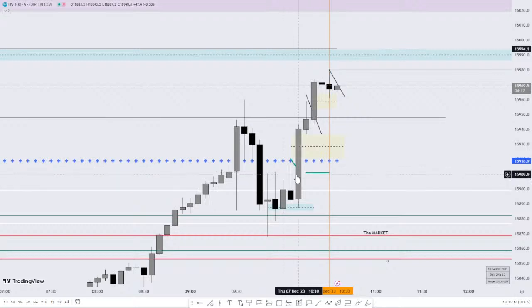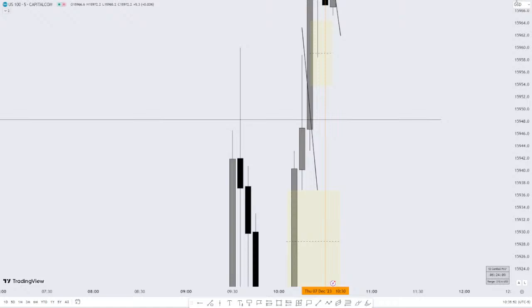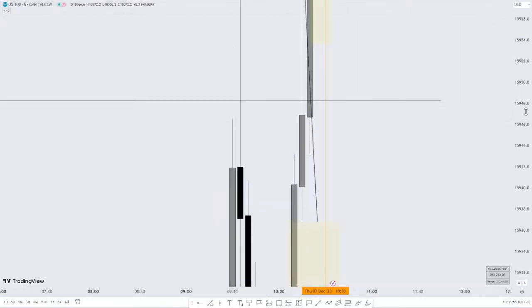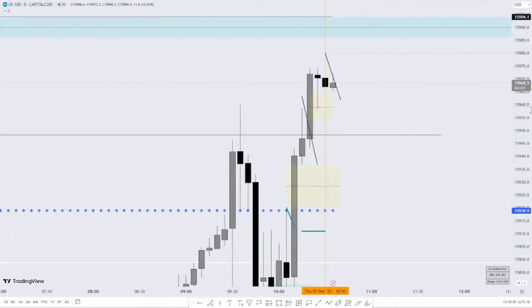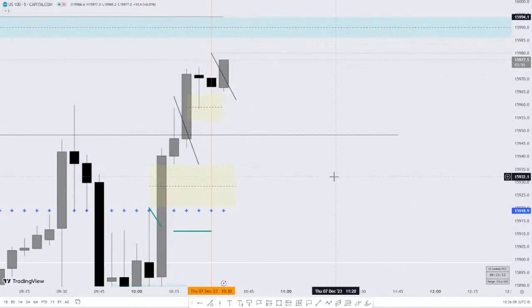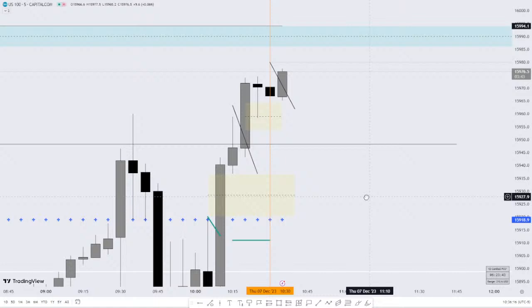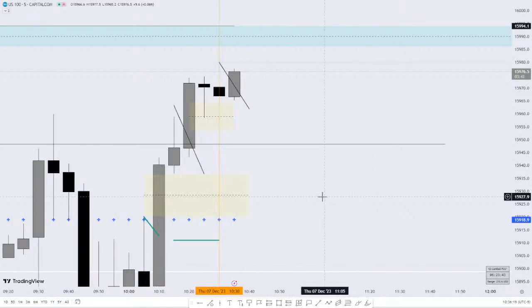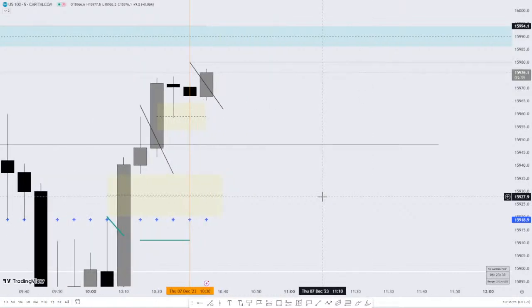This is the first fair value gap, and the bigger one. If it comes down, then it's a big if.